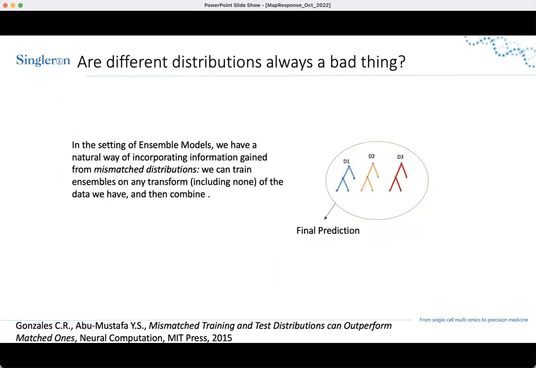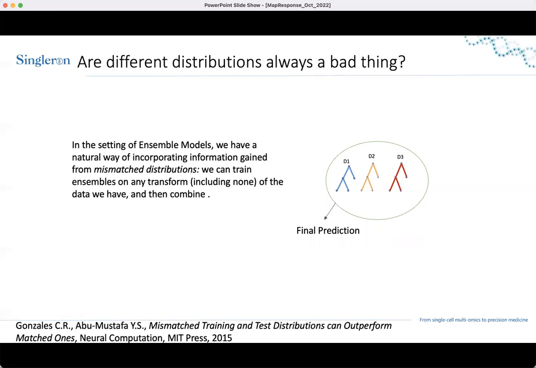Right. And what we've talked about is this setting of ensemble models, right? Where we talked about training models of different complexity and training models with different predictors. But we can also train models that have different perturbations, right?